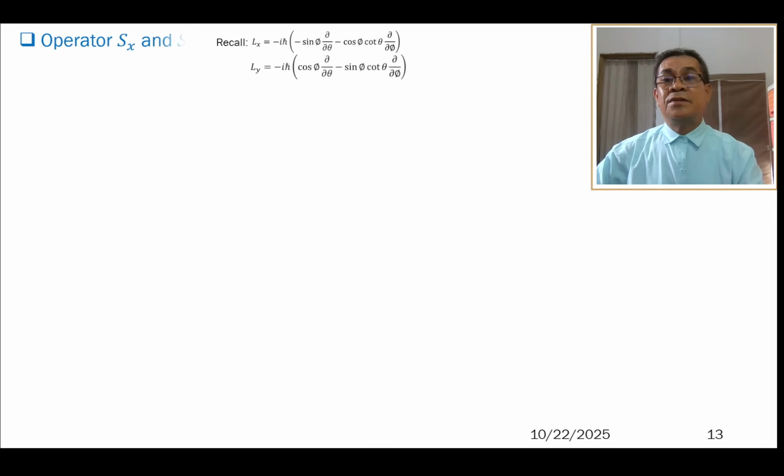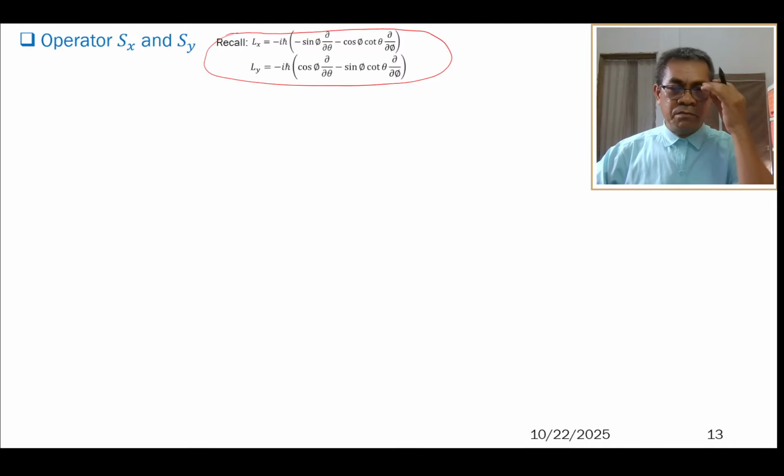Okay, so what is now? Let's go back to what are Sx and Sy. To derive these operators, again we use the ladder operator. Now before that, notice that in our previous lessons we derived this one for the orbital angular momentum. Now what is the equivalent for the spin angular momentum?